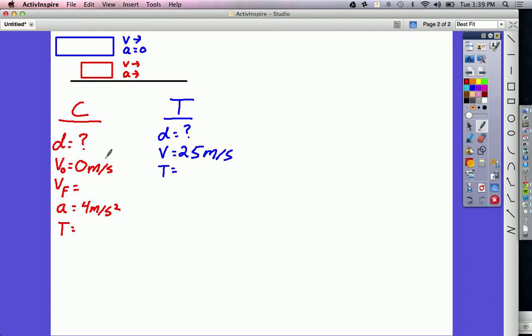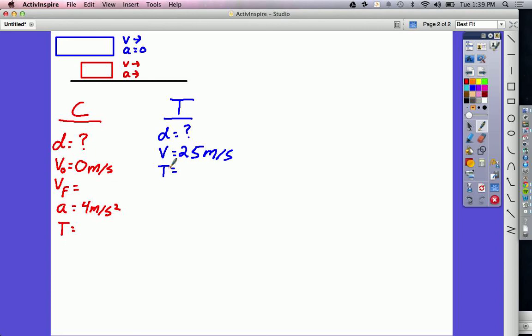Now here for the car, we want the D, we have V0, we have acceleration. We don't have VF and we don't have T. So the question is, what equation do we use when we have 2 blank spots instead of just 1? We're going to take a look at the truck and it'll give you an idea. The truck, we're looking for distance. We also know the velocity, and we don't have time.